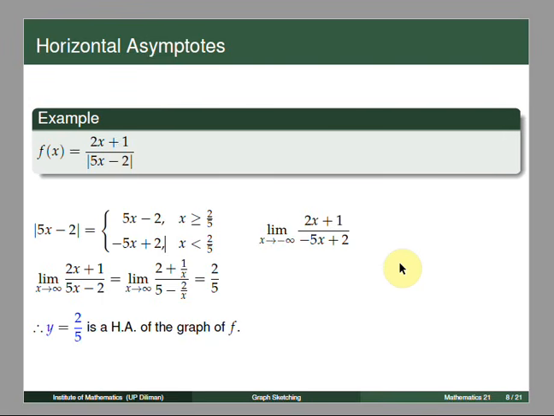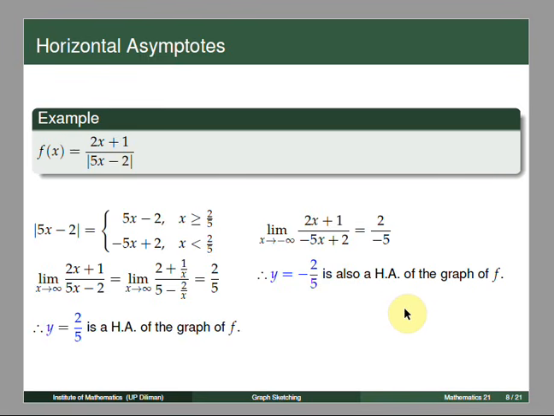Again, multiplying both numerator and denominator by 1 over x, you get negative 2/5 in the end. Just like this one, but now we have a negative 5. Hence we have another horizontal asymptote. The horizontal line y equals negative 2/5 is also a horizontal asymptote of the graph of f.